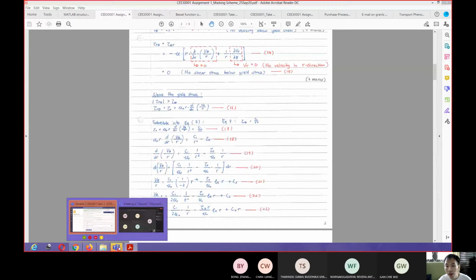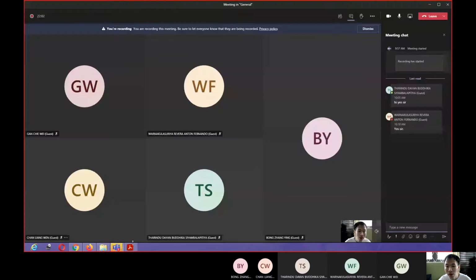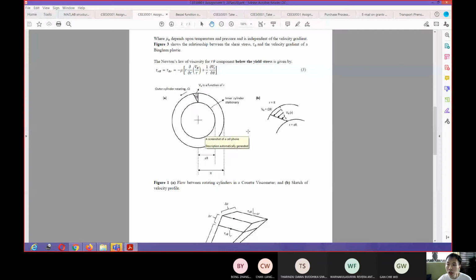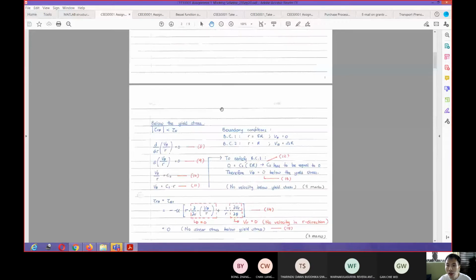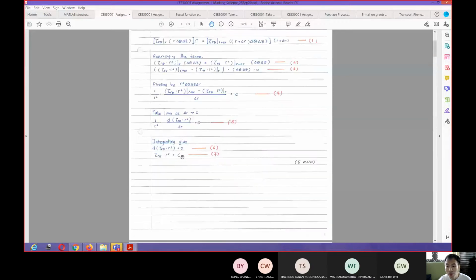Okay, and then above the yield stress, what can we do? We have to stick with equation 2. With equation 2, we have earlier derived that we integrate these things. So we use equation 7.